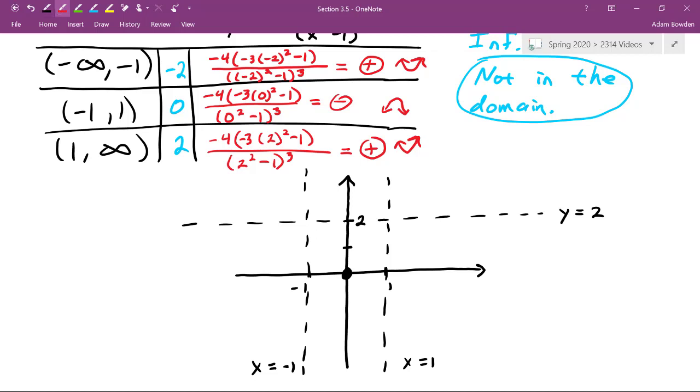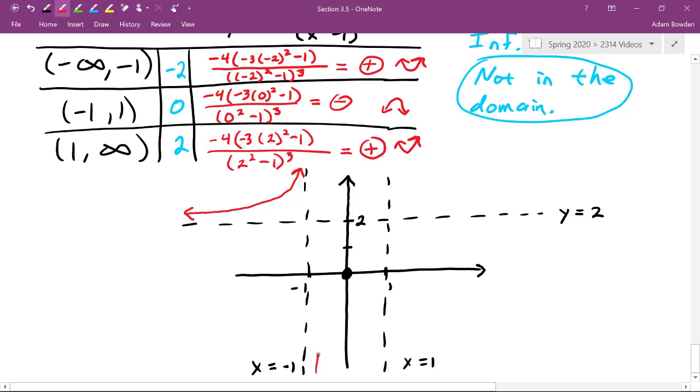So this thing was increasing from negative infinity to 0. It's concave up. So what I'm going to do is draw it here really close to this asymptote and concave up and increasing like so. Now it starts going, still increasing, but turns to concave down at negative 1.